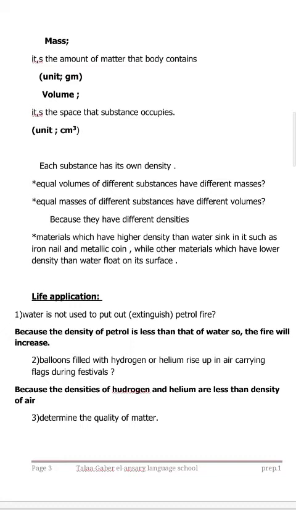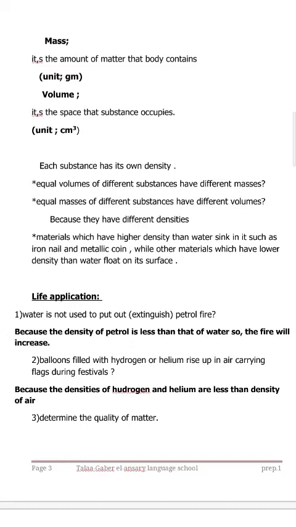The materials which have higher density than water sink in it, such as iron nail, metallic kind, whatever. While other materials which have lower density than water float on its surface, as cork, as wood, and so on.